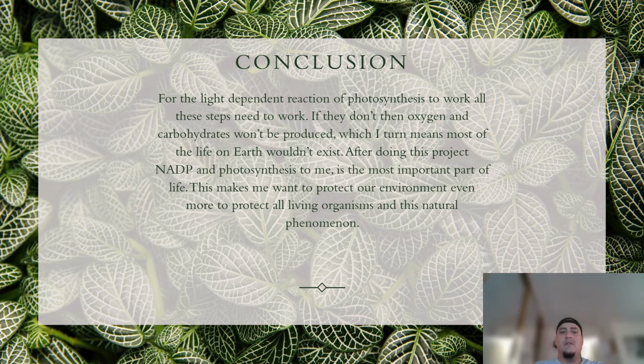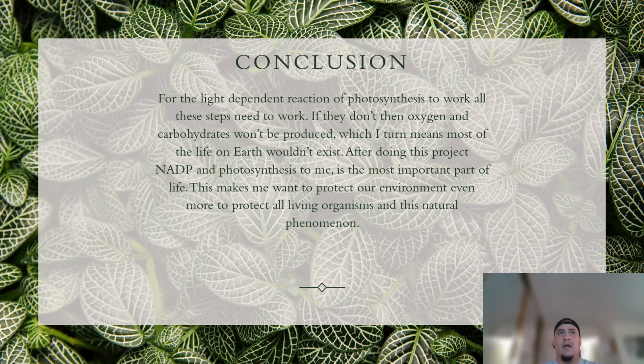So in conclusion, for the light-dependent reaction of photosynthesis to work, all these steps need to work. The CO2 coming through the leaves, the H2O going up through the root into the plant, and the electrons being passed through the electron transport chain. The thylakoid membrane needs to do its job in the whole process.